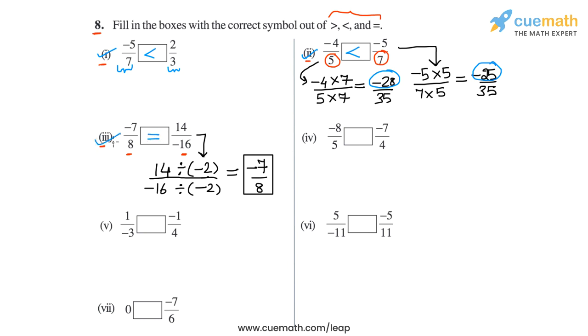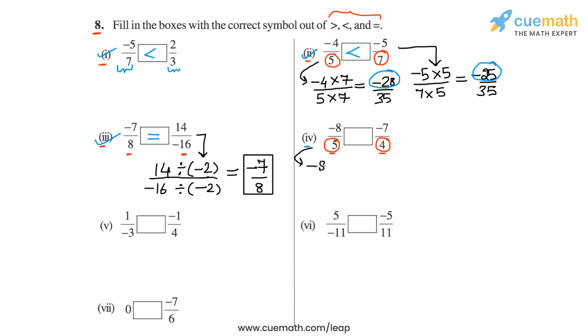Okay, so that's part 3. Then in part 4 we have to compare minus 8 by 5 and minus 7 by 4. Both of these rational numbers are negative rational numbers. So let's write both of them as equivalent rational numbers with the same denominator. The denominator in the first rational number is 5 and in the second one is 4. The LCM of 5 and 4 is 20.